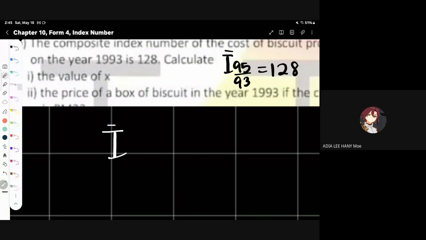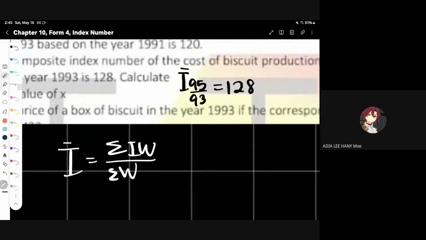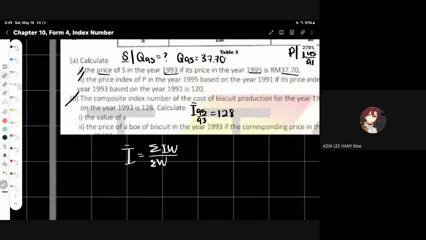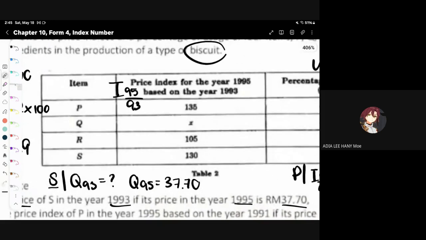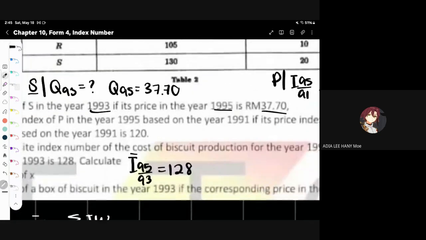The original one: sum of I W over sum of W. So we can use this formula. Why? Because where is X located? X is located at I. In what formula do we use I? It is the original composite index formula. So let's use the composite index formula.